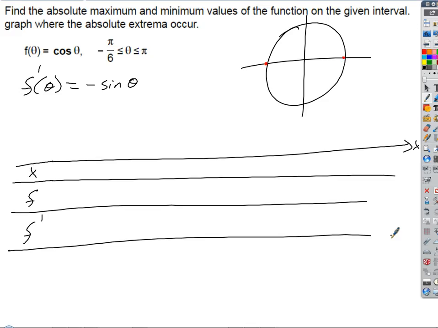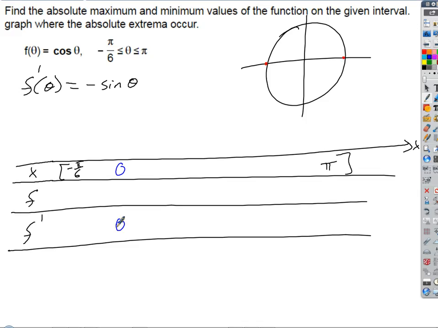So when we're doing an absolute extrema problem with the table, it's pretty simple, right? All we're going to do is identify critical numbers. The first derivative is, so we're going from negative pi over 6, with the square bracket there to indicate a closed endpoint, up to pi, and at 0, the first derivative was 0, right?